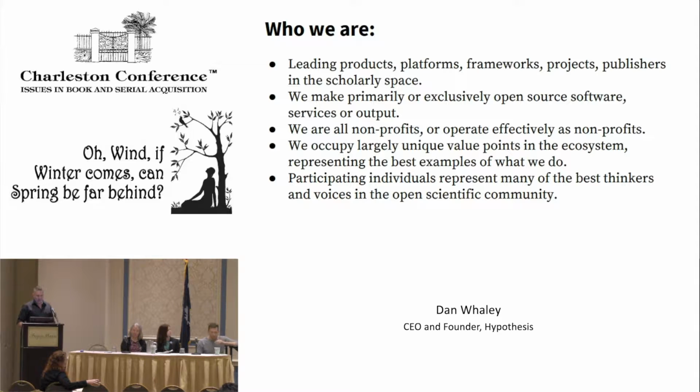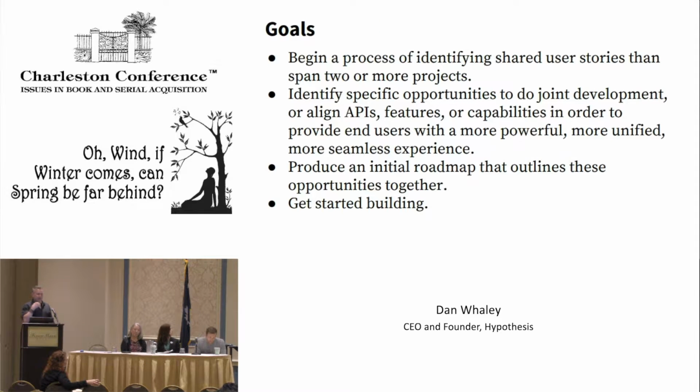And the goals are really to start to identify shared user stories and shared themes around how we can begin to integrate and interoperate with each other. So how can this start to look like more of a coordinated ecosystem instead of a pastiche of just random projects?